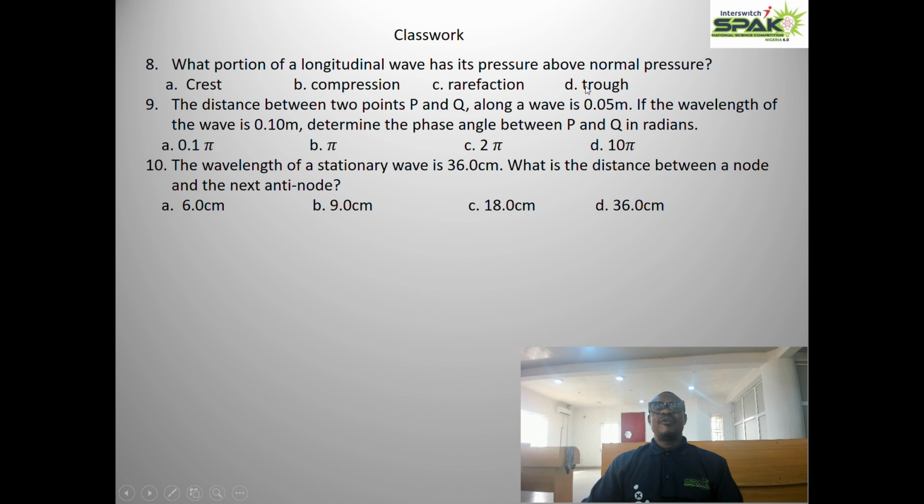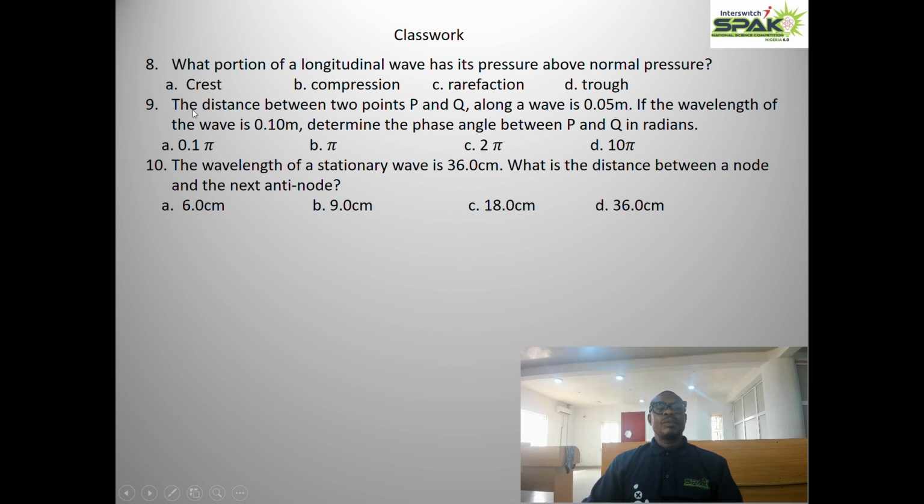Above normal, so I'll go for compression. Some of you might be tempted to pick crest if you're not careful, but they said longitudinal wave. If it were just wave, I'd go for transverse wave, but since they said longitudinal wave, it is the compression region.